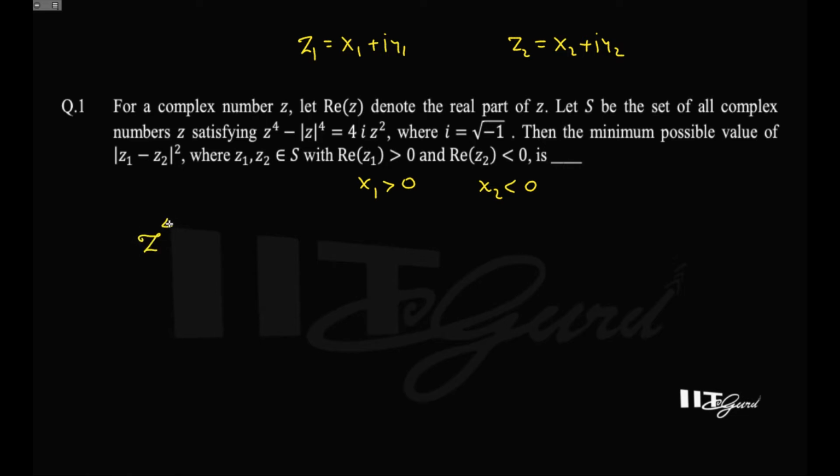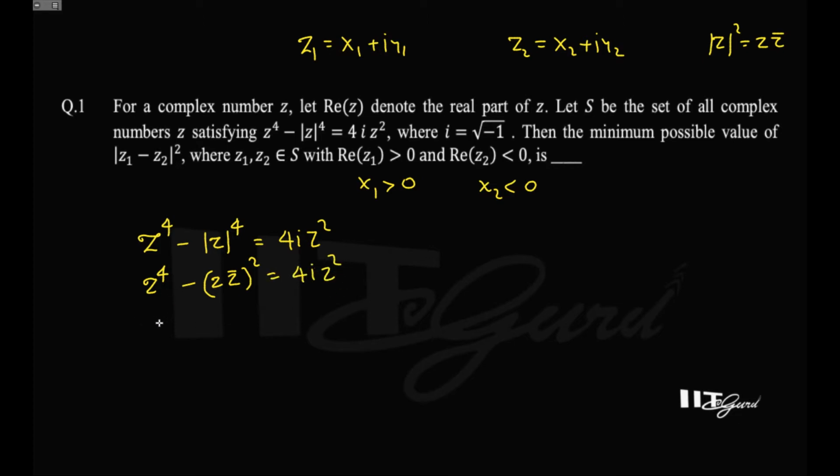That is z to the power 4 minus |z| to the power 4 equals 4 iota z square. Here we know the formula, |z| whole square is z bar z. So using this result, z to the power 4 minus (z bar z) whole square equals 4 iota z square.